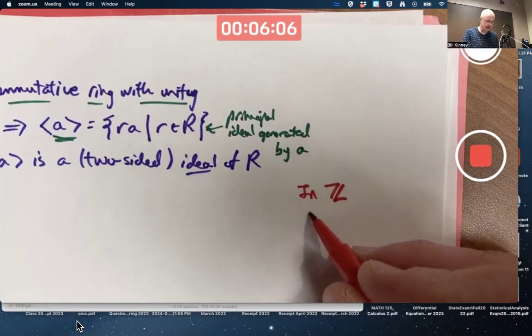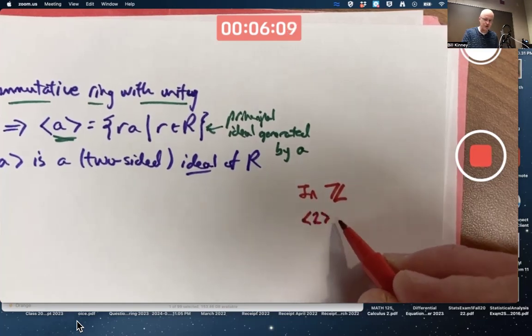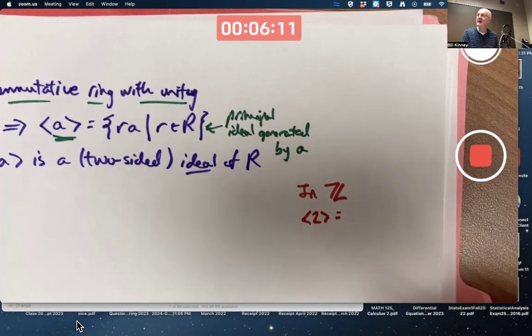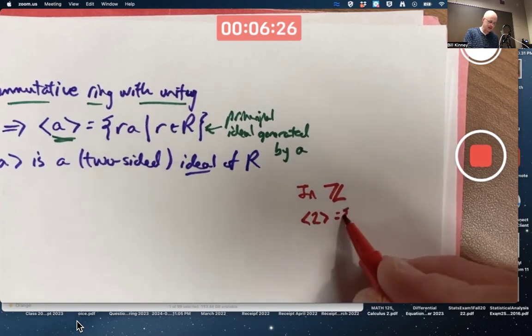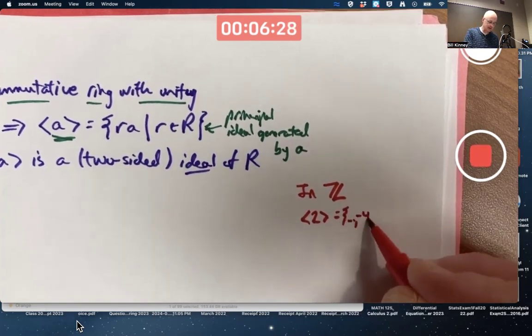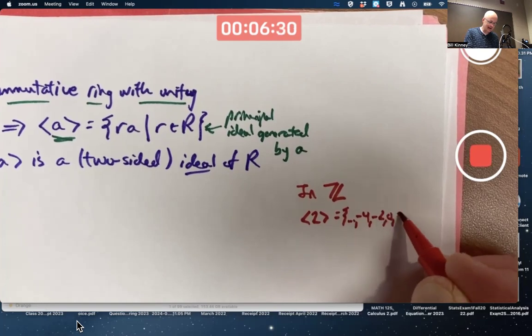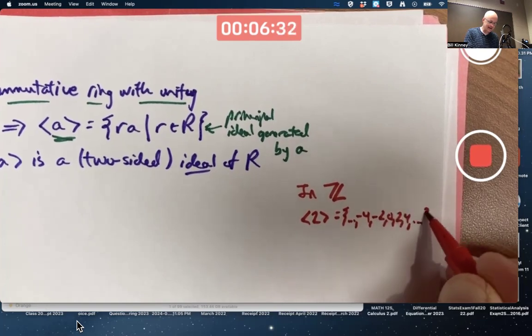If you consider, for example, the cyclic subgroup generated by 2 in group theory, that would consist of all things you can obtain by adding 2 to itself over and over again, also adding its additive inverse, -2, to itself over and over again, and it also includes 0. In other words, it's all even numbers. And that is indeed a subgroup of Z.